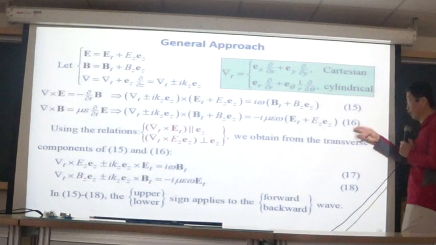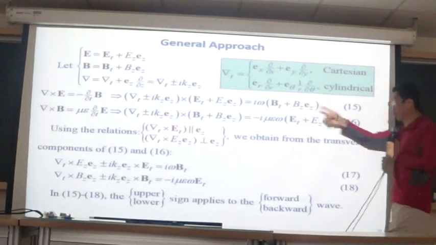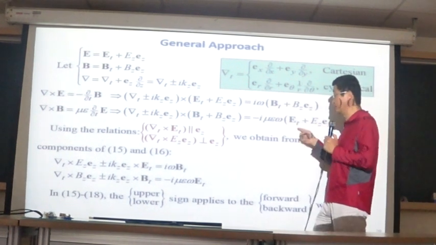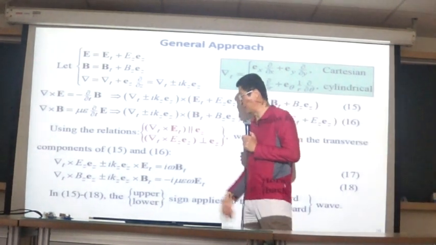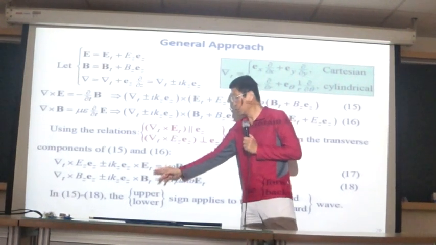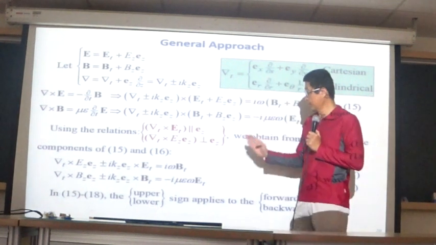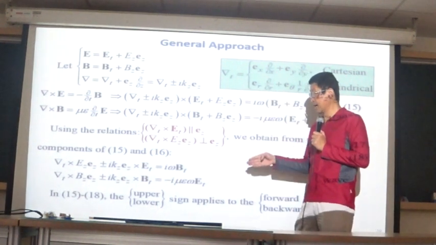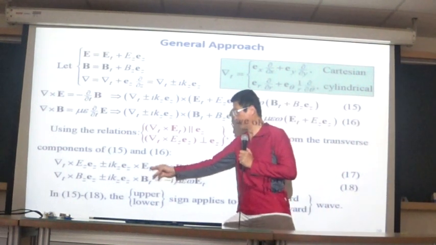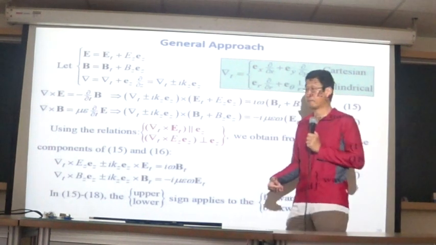Taking the transverse component of these two equations, we get this one, and then using these properties, we get these two equations. These two equations tell us EZ, BZ, and their relations to the transverse component. Okay?